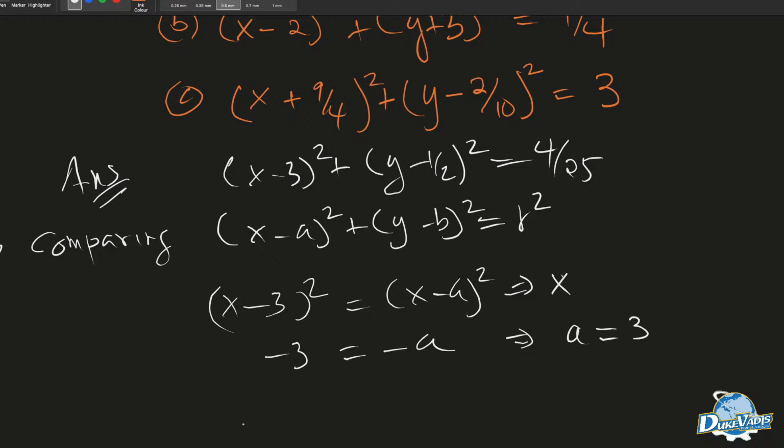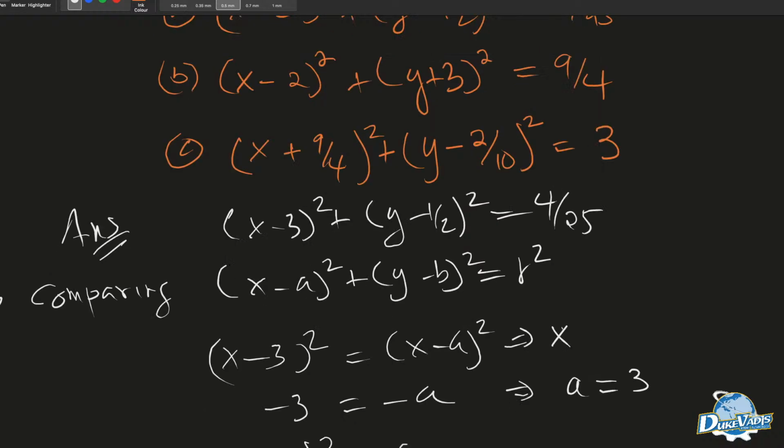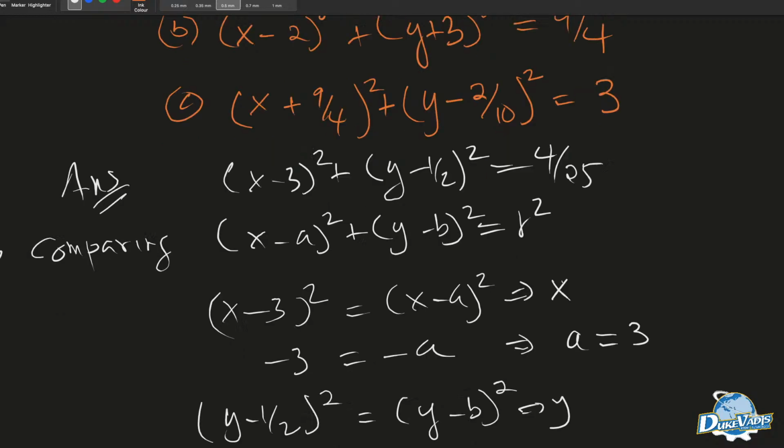Okay, then also for y, we compare our value given, y minus half squared, to y minus b squared. So for the y, when we compare, we get minus half equals minus b.